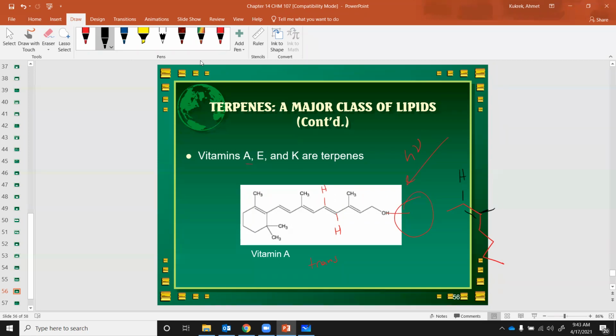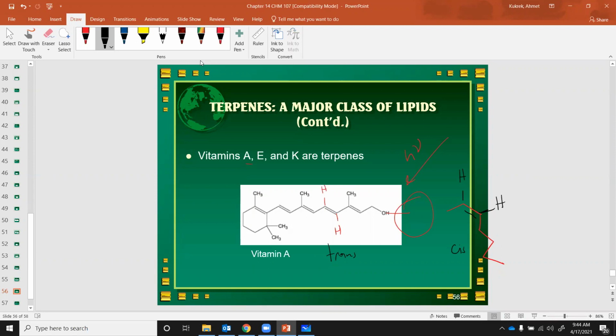So this molecule, by absorbing the light, is going through an interconversion from trans to cis, and then this triggers the mechanism in our eye. It sends the signals to our brain so that we can actually see. Okay, that's how things are getting triggered basically.